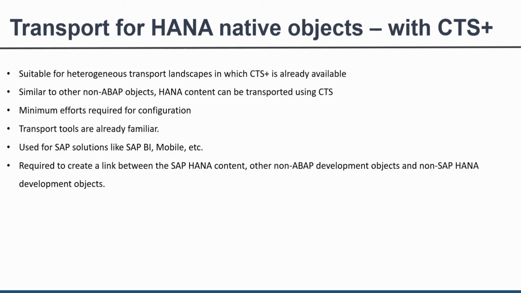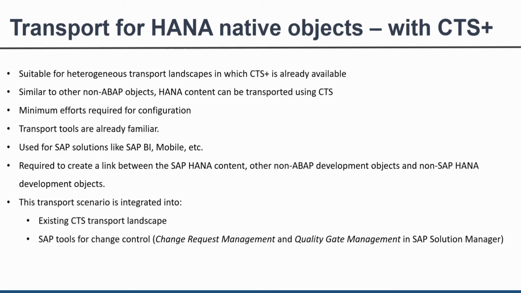This option is used for different solutions like SAP BI or mobile, etc. It is required to create a link between HANA content or other non-ABAP development objects and non-SAP HANA development objects.